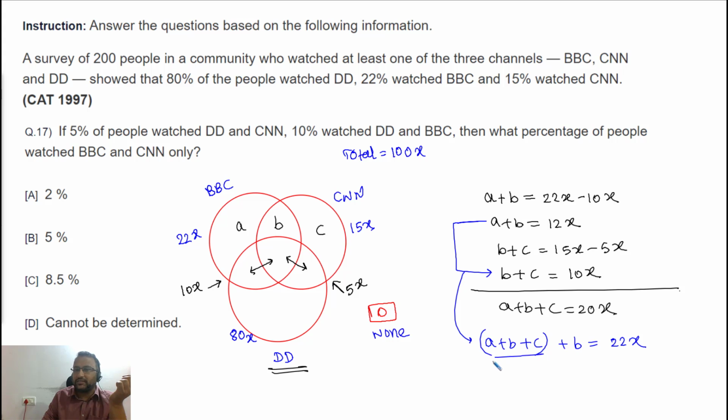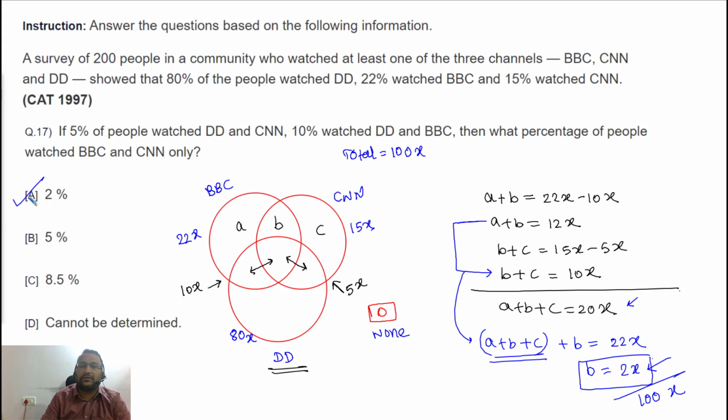The value of the first bracket is 20x, so the value of B will become 2x. So the question is, what percentage of the people watch BBC and CNN only? 2x people out of 100x, that is equal to 2%. This is how we can solve this question number 17.